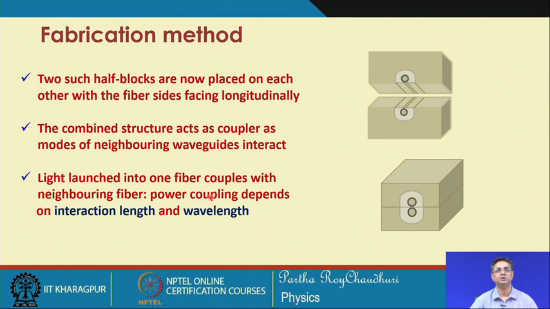So, light launched into one fiber couples with the neighboring fiber. Power coupling depends on the interaction length and the wavelength. So, these are the two important things about an optical coupler: the length of interaction, and also the wavelength. It is the wavelength that decides the strength of coupling.